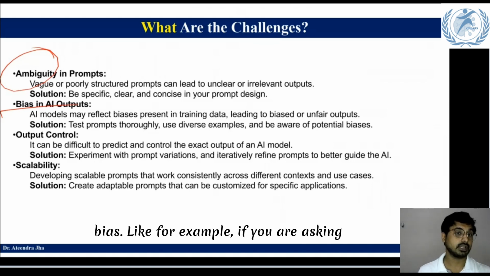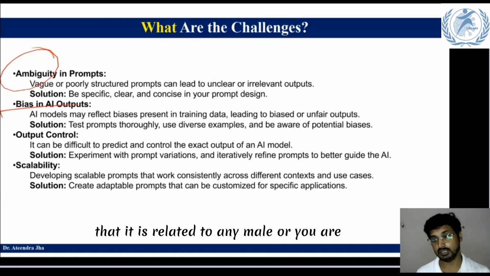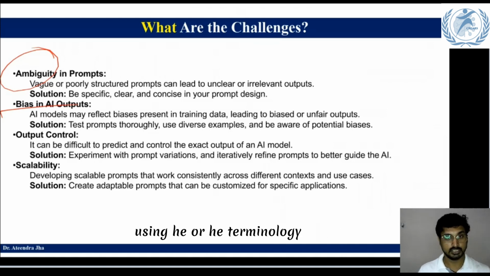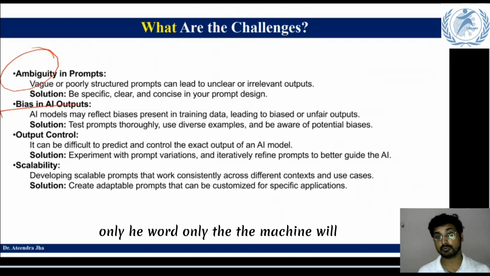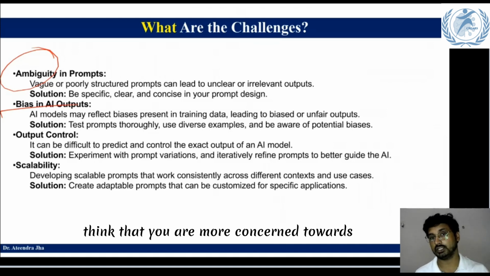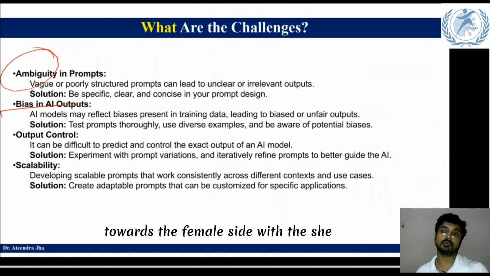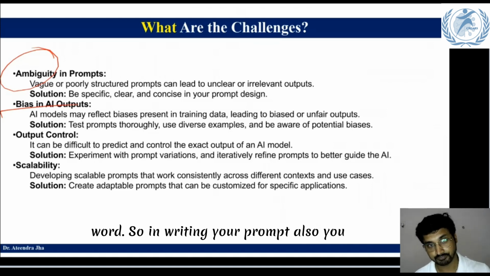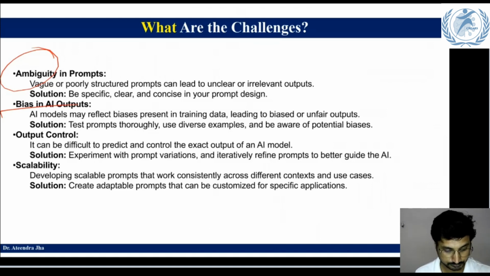For example, if you are asking a question and reflecting that it is related to a male, or you are using the he terminology in the statement, then with that word only the machine will think that you are more concerned towards the male side, or towards the female side with the she word. So while writing your prompt you should be careful, as that also can lead the machine to the bias side.